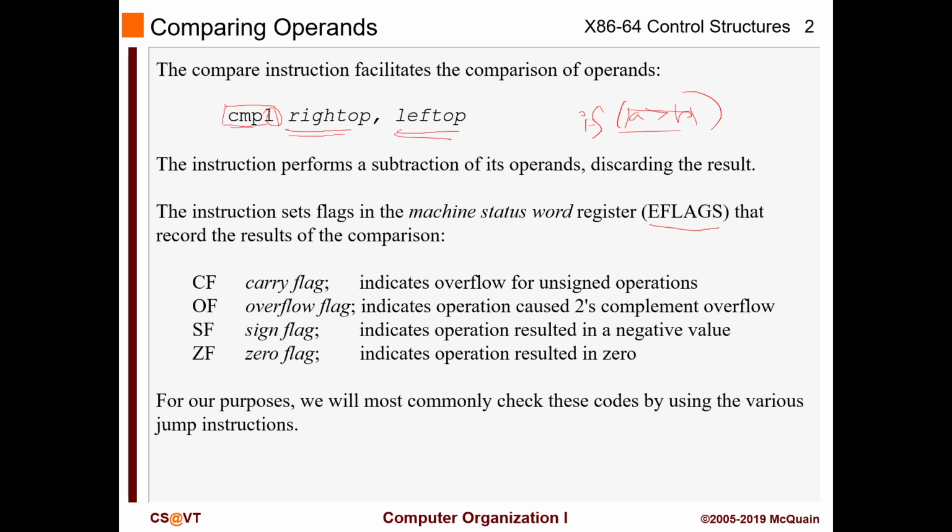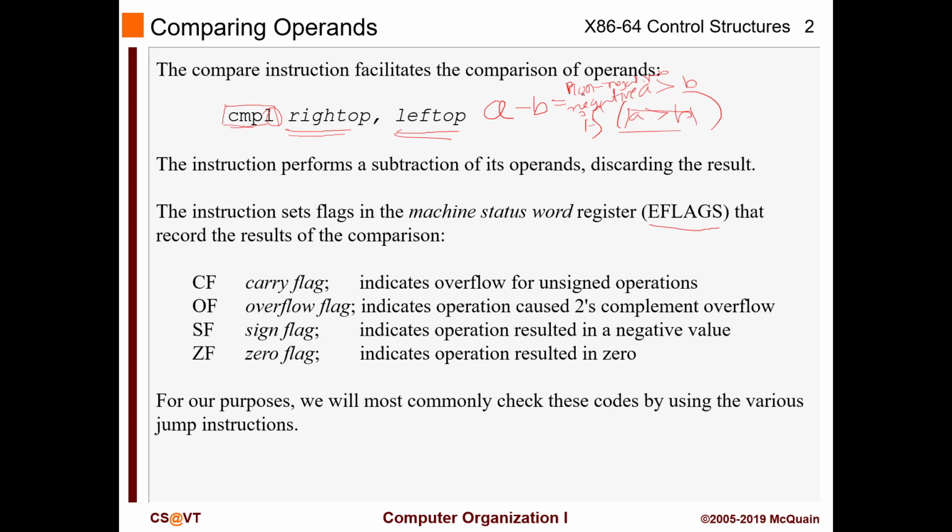The idea is that whenever you're doing a comparison like a greater than b, how do you actually figure out whether a is greater than b or not? What you do is a minus b, and this number can be positive or non-negative, or it can be negative.